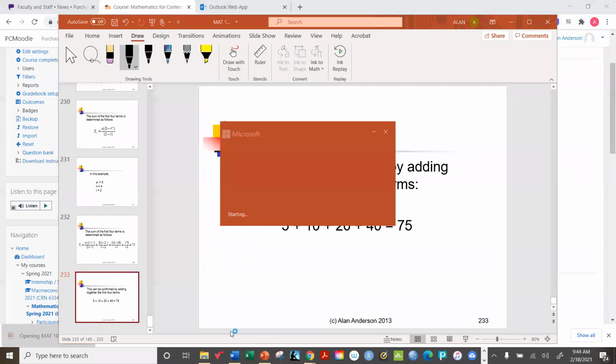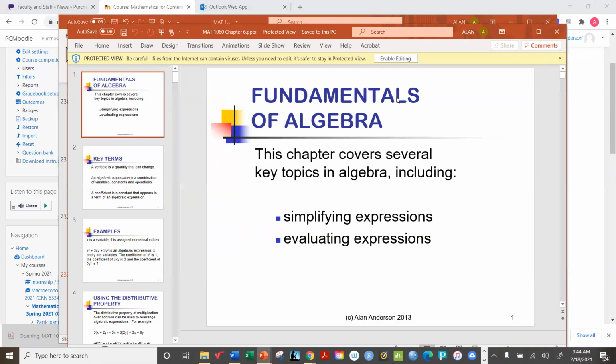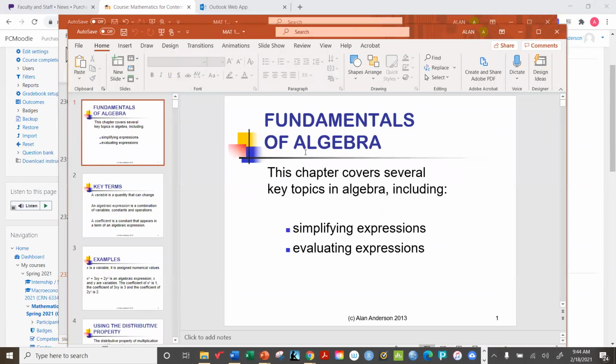Some of this material you may have seen before, some of it maybe not. In the beginning, we're going to look at some concepts that you're probably very familiar with. Just a brief review of some of the principles of algebra, where we're basically trying to learn how to simplify and evaluate expressions.